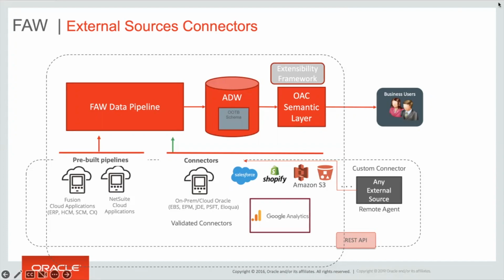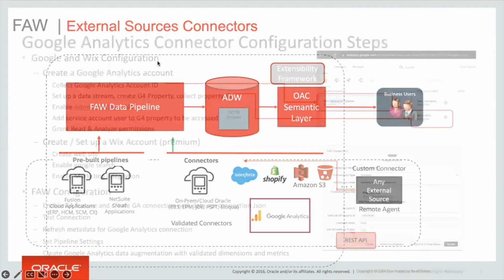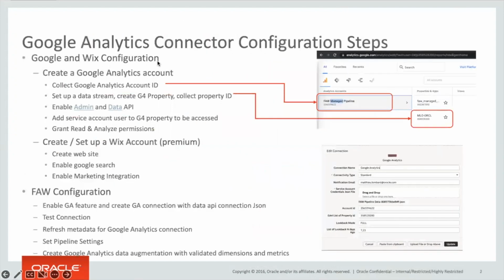To do this, what I did on my end to configure Google Analytics is I used a website provider called Wix that allows you to build your web platform and integrate with Google Analytics and Google searches, for example.